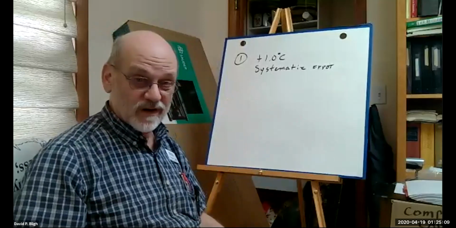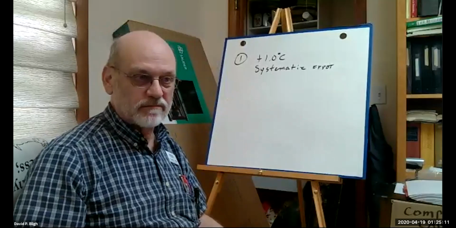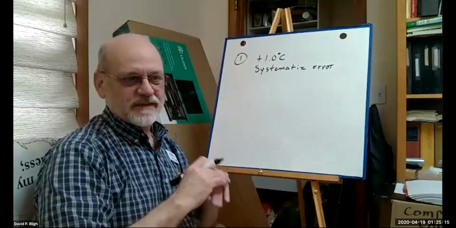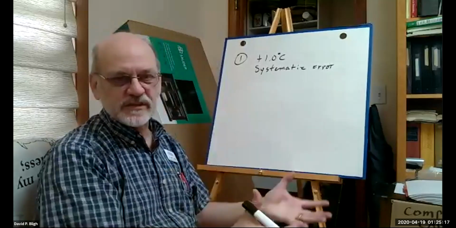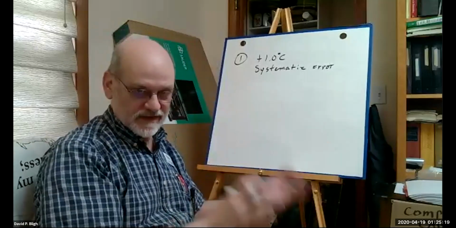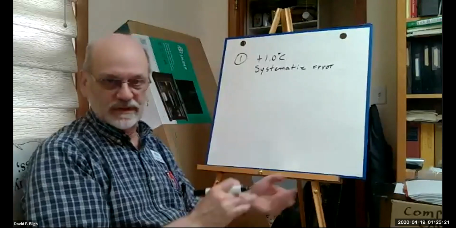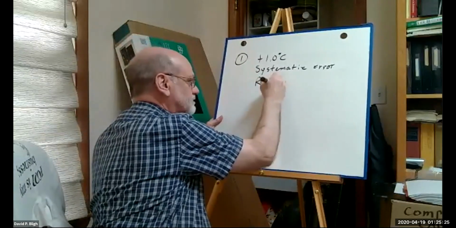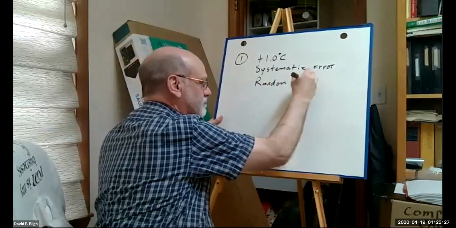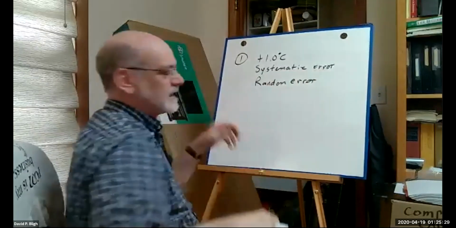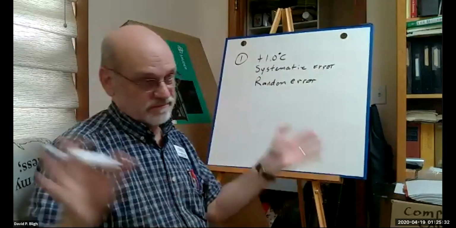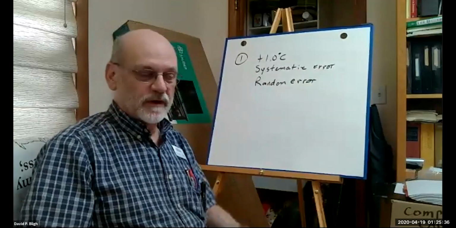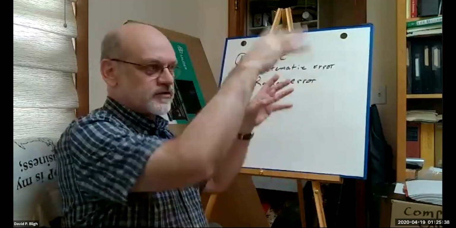The ones that are hard to deal with, and that's one of the reasons that the monstrous discipline of statistics has ballooned, is to deal with random error. Random error, you don't know how it's going to happen. There are various theories as to whether random error has a certain distribution.